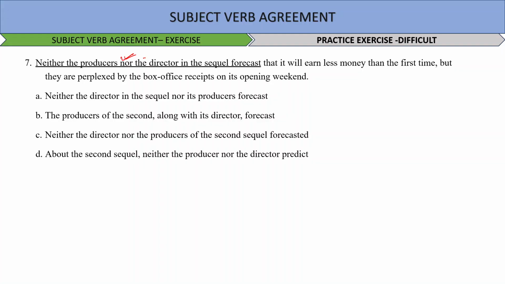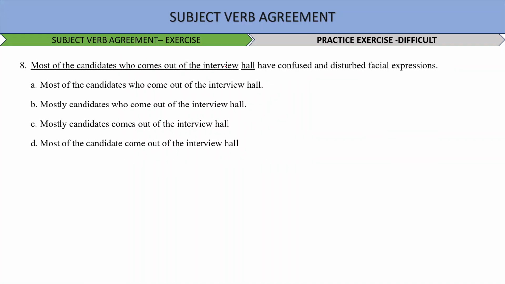Most of the candidates who come out of the interview hall have confused and disturbed facial expression. You see, in the original sentence, the subject, most of the candidates, does not agree with the verb comes, right? Most of the candidates is plural and agrees with a plural verb because the maximum individuals of which people is composed are thought of, instead of thinking of the entire collection of people as a whole.